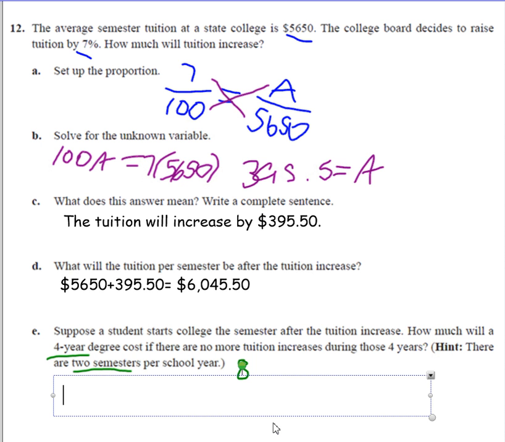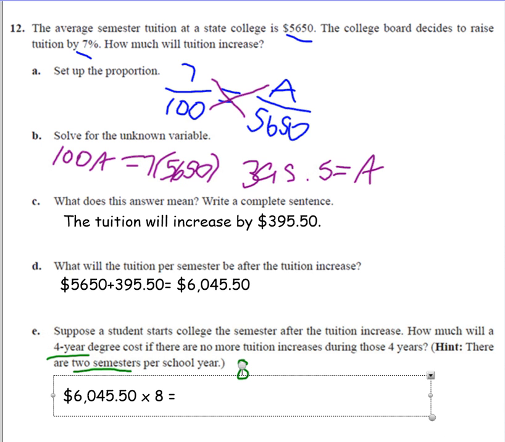So now we have the increased price of $6,045.50. Then we're going to multiply it by 8, and that will give us a total tuition of $48,364.